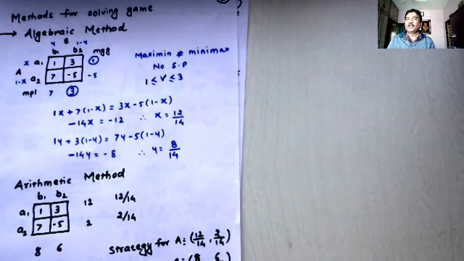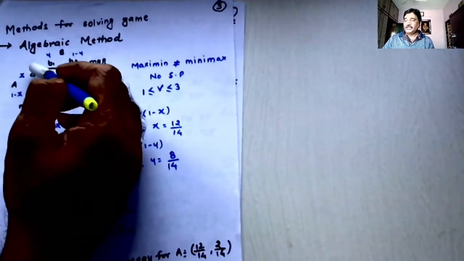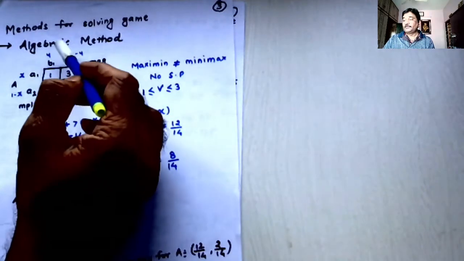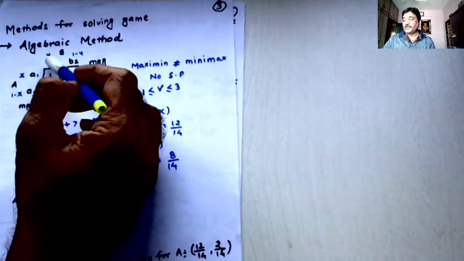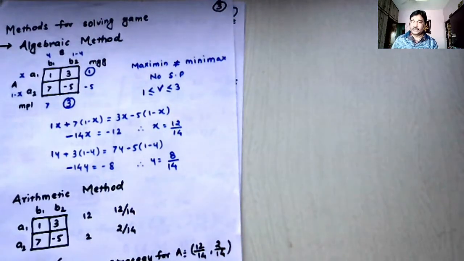Solving the game means finding the proportion in which courses of action A1 and A2 for player A, and B1 and B2 for player B, will be played, right? And now what is the game value?